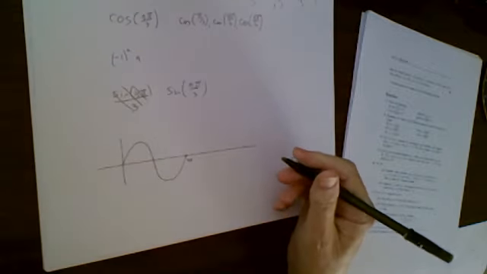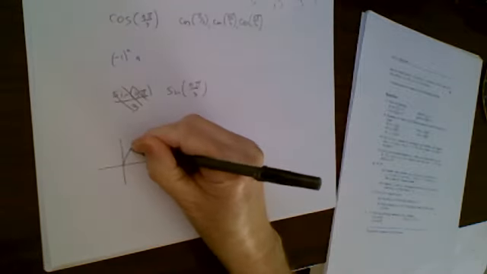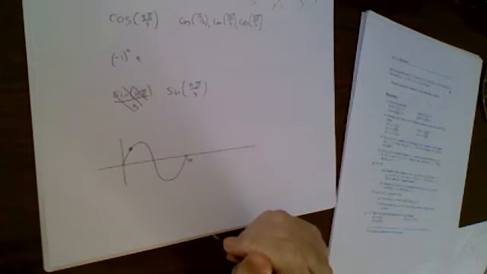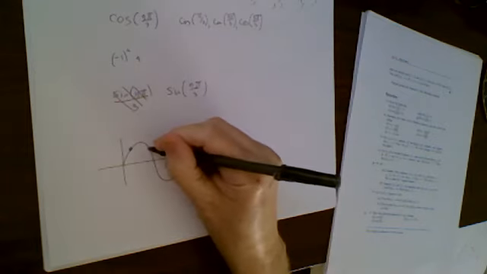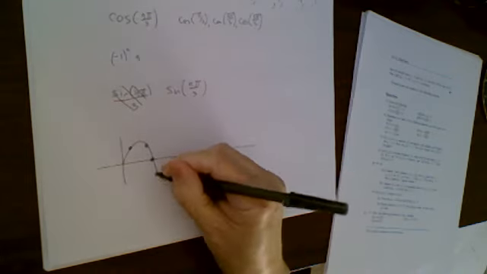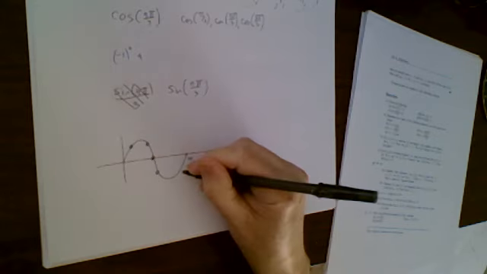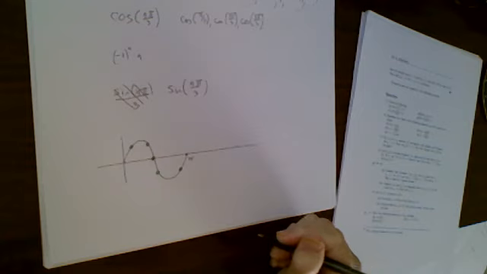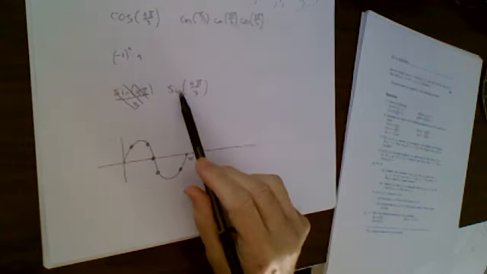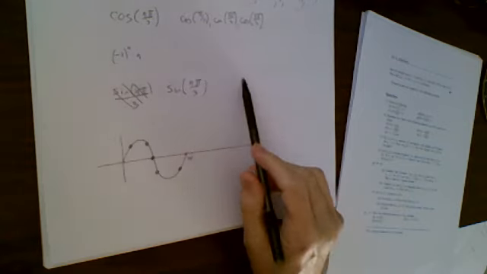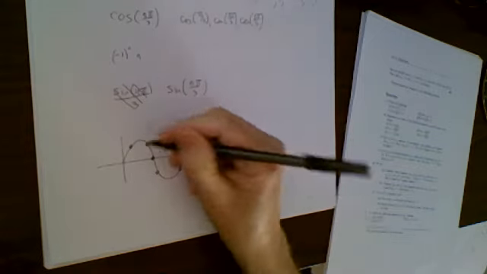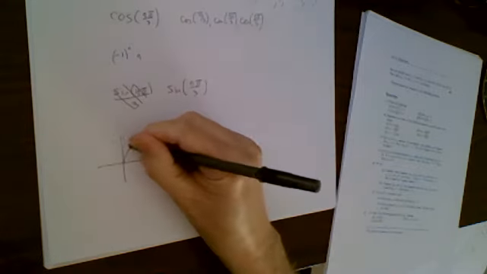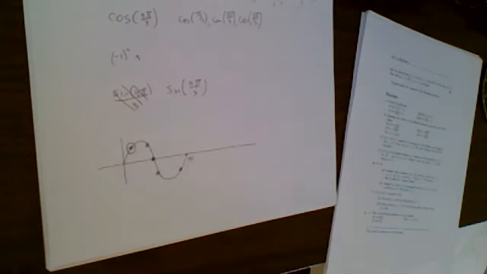We have sine of pi over 3 when n is equal to 1, sine of 2 pi over 3, sine of 3 pi over 3, sine of 4 pi over 3, sine of 5 pi over 3, sine of 6 pi over 3. So we don't quite have the clear cut here of you're going to keep having 1's and negative 1's occurring, but you're going to continue to have, let's see what this is.